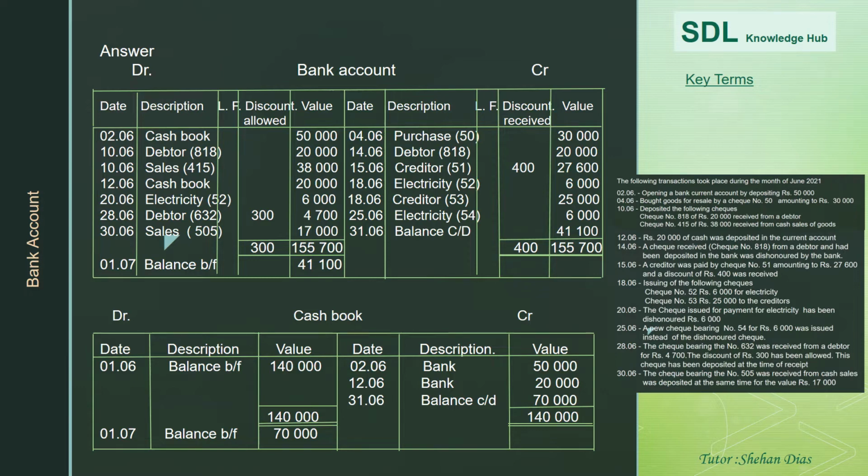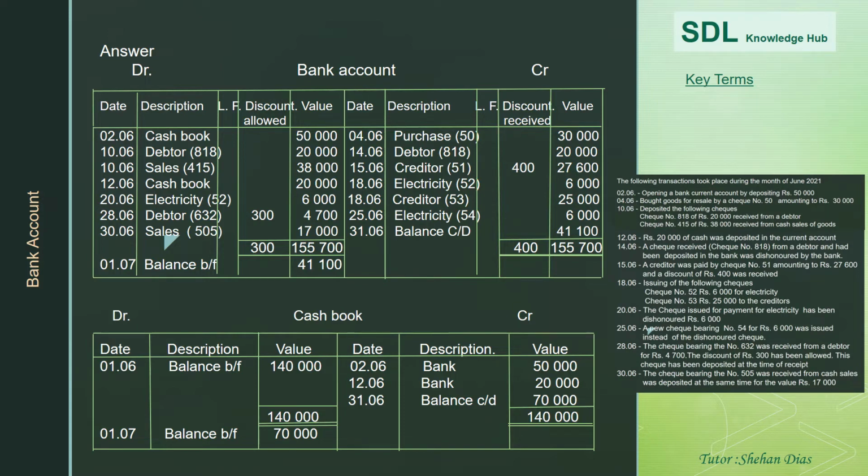Then on 28th, the check bearing number 632 was received from a debtor for 4,700. The discount of 300 has been allowed. So receiving a payment, money coming into the bank account, so assets increase.